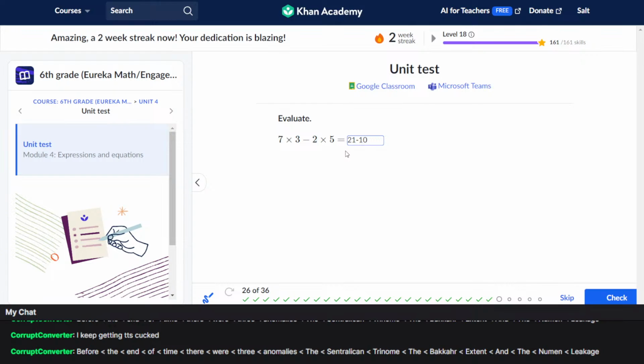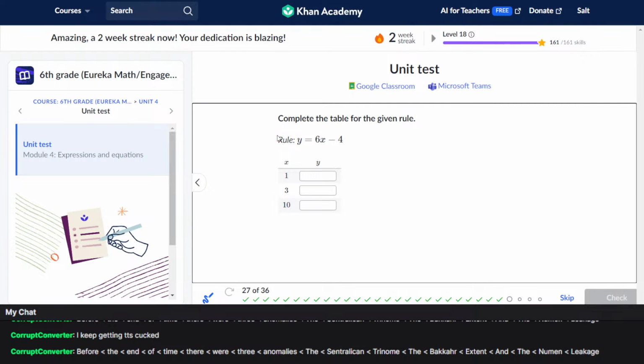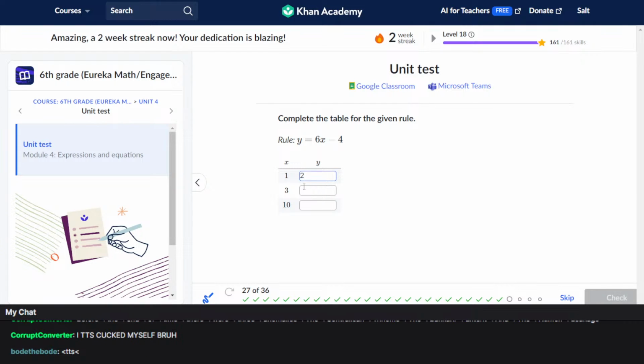10. Yeah, so 11. Corrupt Converter says I TDS cooped myself, bruh. 6 minus 4. 18 minus 4. 14.